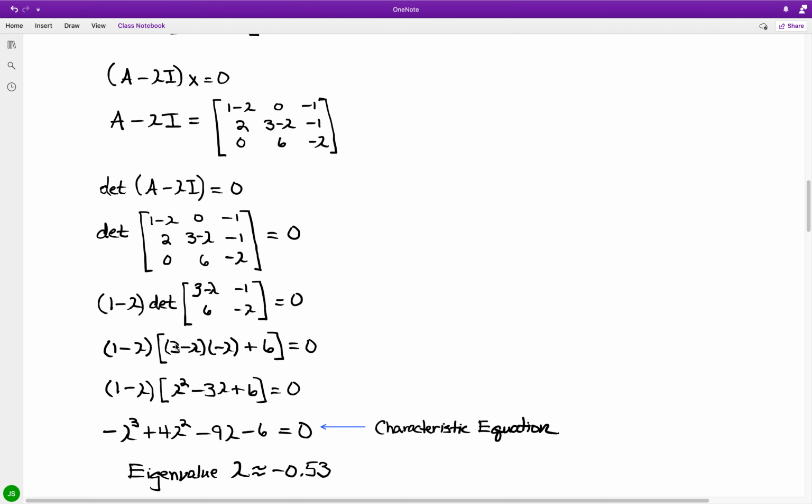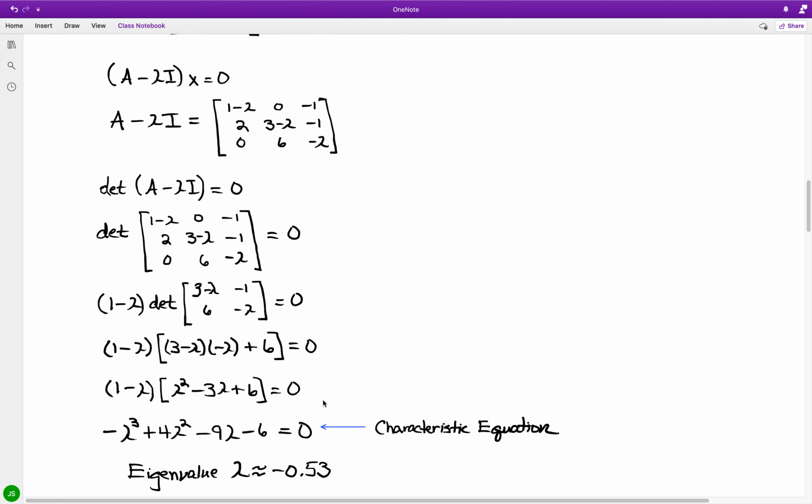Looking at multiplying 1 minus lambda times the quantity 3 minus lambda times negative lambda, and then we'll have minus negative 1 times 6, or plus 6, and distributing, multiplying out, and expanding. We have the quantity 1 minus lambda times the quantity lambda squared minus 3 lambda plus 6 is equal to 0.